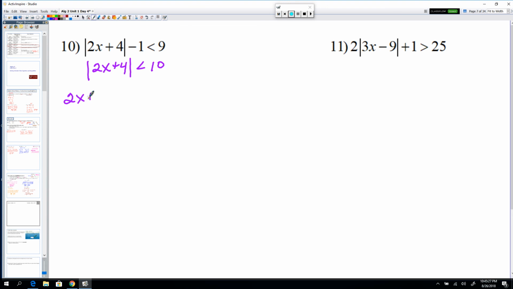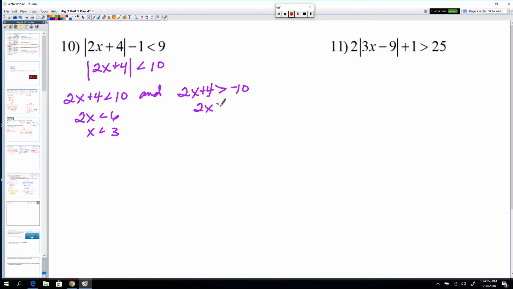2x plus 4, you're out of jail. You're less than 10, and 2x plus 4, you're greater than -10. Okay? So we do the solving steps for these guys. Subtract 4 from both sides. Divide by 2.